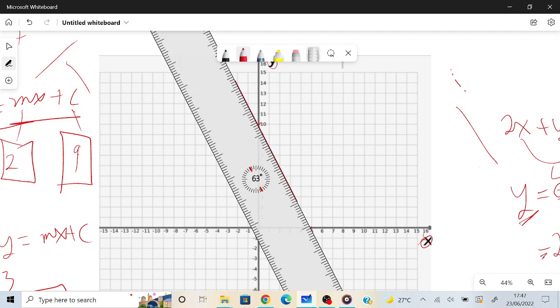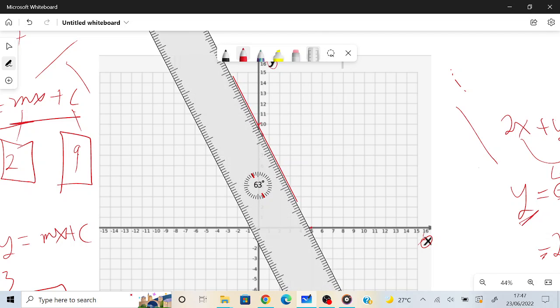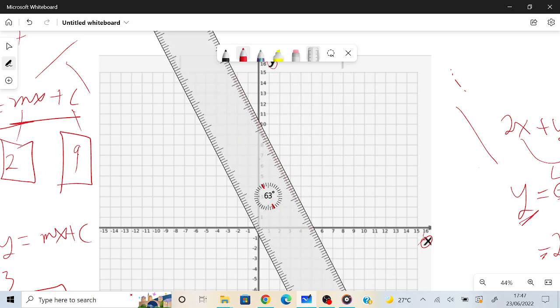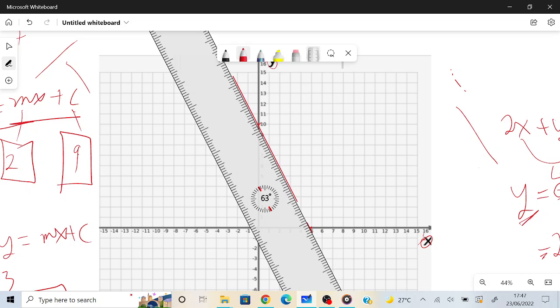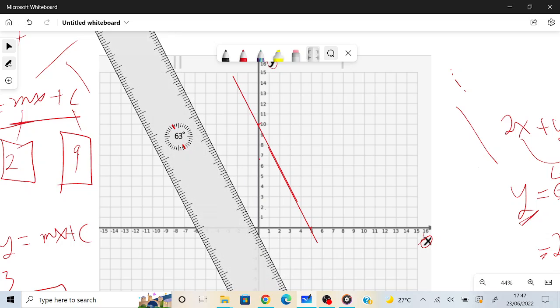Do not draw with a pen, because you cannot rectify any error you may have made with a pen, but you can rectify it with a pencil. Just finish the line. Again, not as accurate as it would be on paper, but I think it's more than enough for an idea.